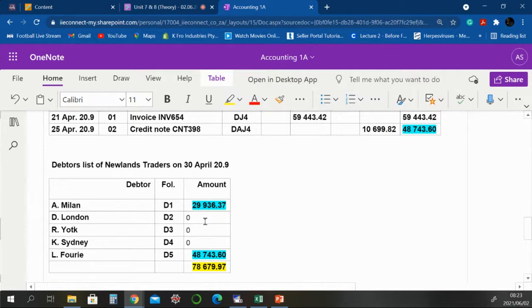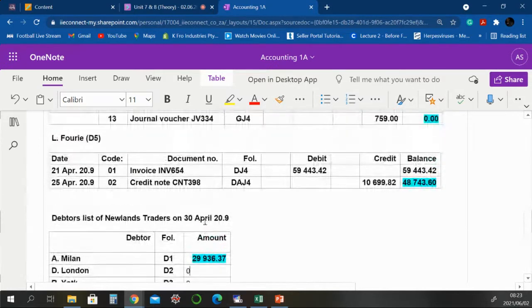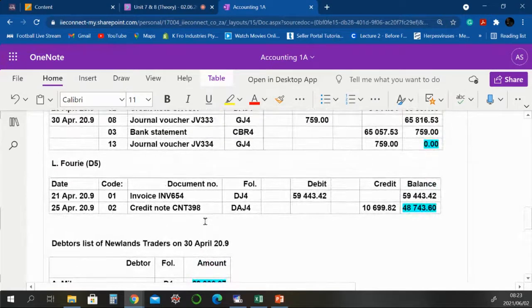Now the beautiful thing is you'll find that usually it comes for 20 marks, 25 marks, or 30 marks. And I'm sure you now know how easy it is, because depending on whether you're doing the debtor or the creditor, all you are saying is, what is the opening balance for this respective debtor?